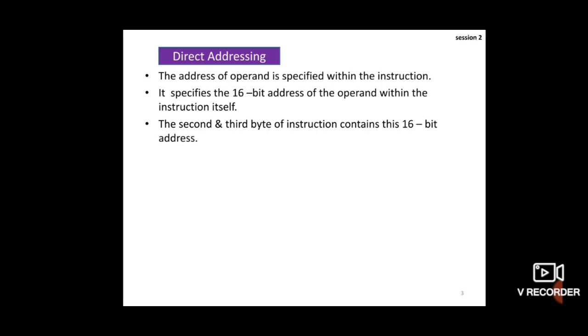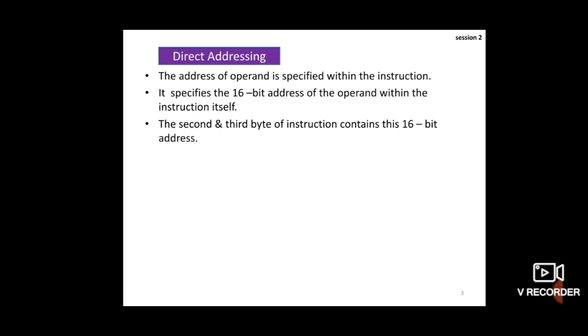In the previous session we saw 1 byte, 2 byte and 3 byte formats. In the 3 byte format, the second and third bytes contain the 16-bit address, divided into low order and high order. So if addressing is there, the instruction is always a 3 byte instruction. Always remember.